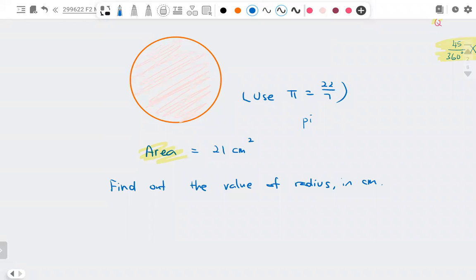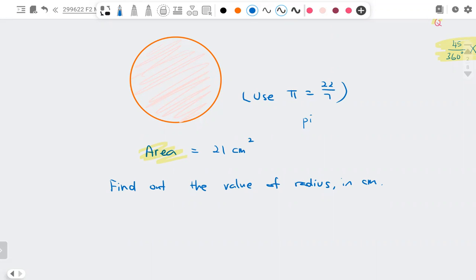The formula to find area is... Everyone, Kai-Chen and Joe, what is the formula to find area?